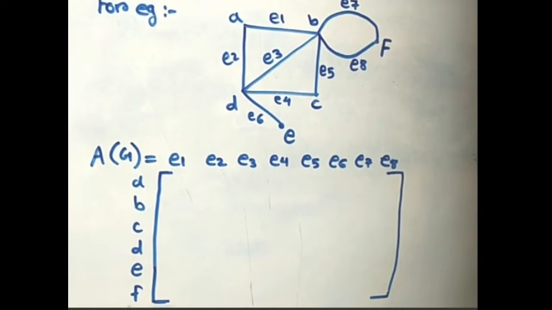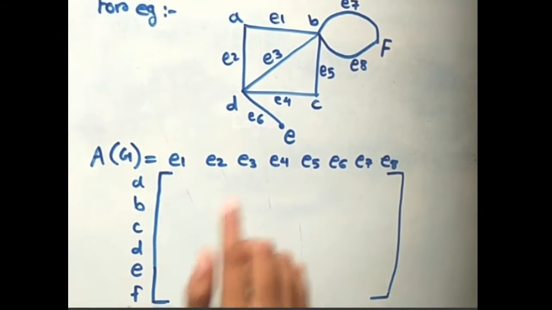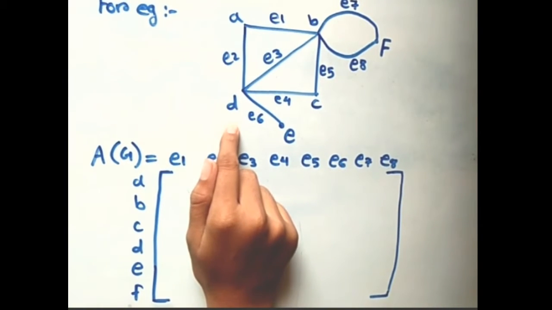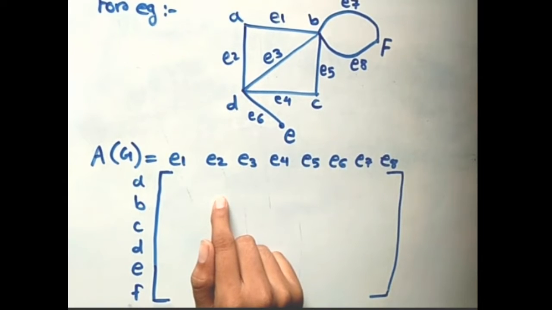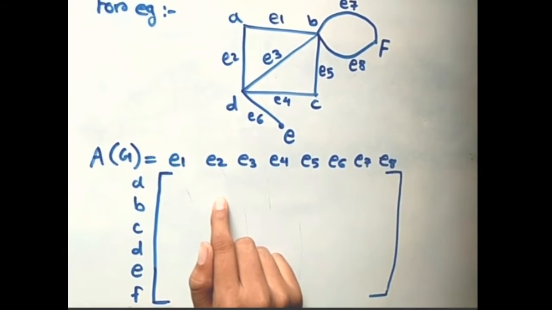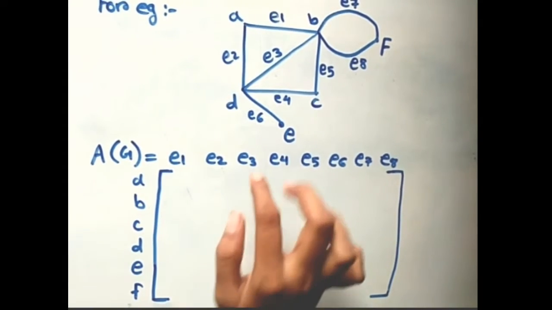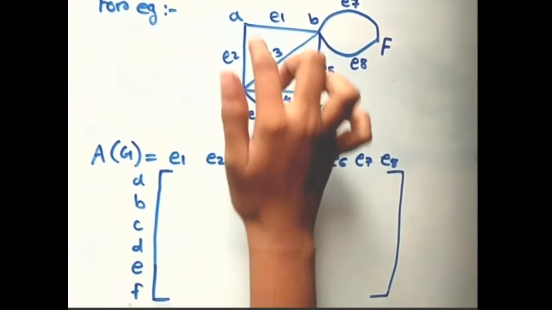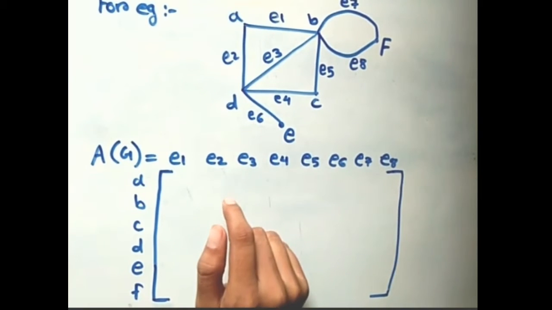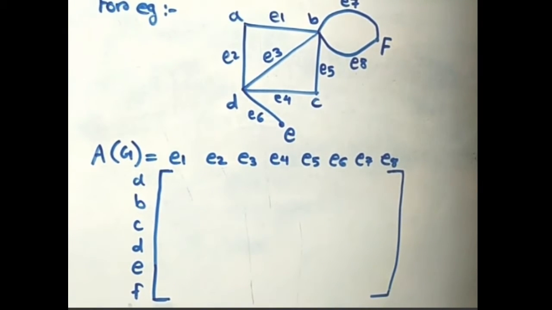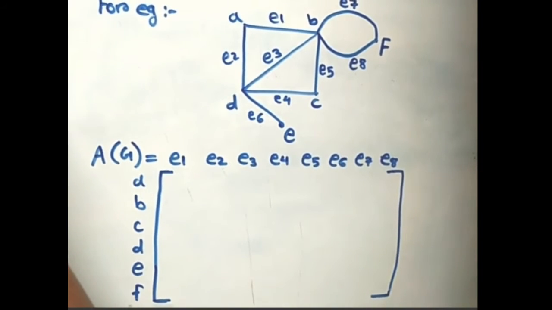We will properly understand the incidence matrix by the given example. Here this graph is given and we have to find the incidence matrix. We understood the definition that if the edge is incident on the vertex, then and only then we can write 1, otherwise 0. Therefore, we will put the values.